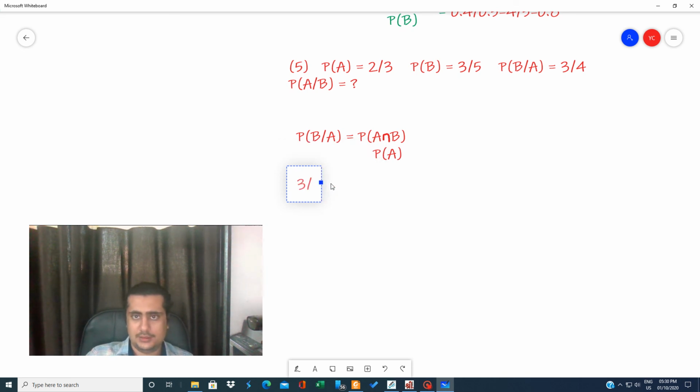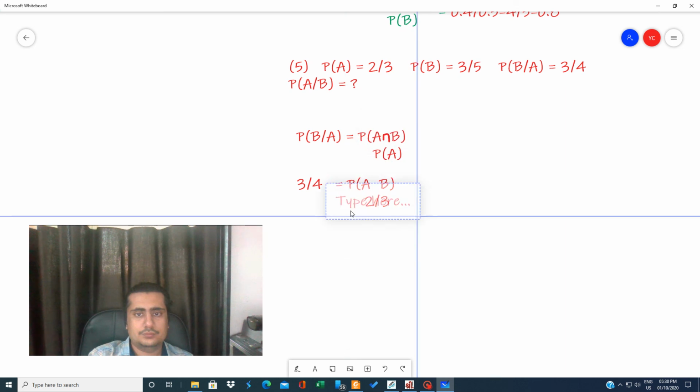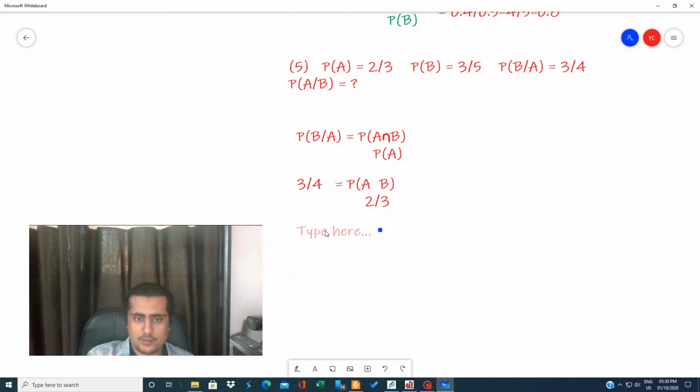This 3 by 4 is equal to P of A intersection B upon P of A. Now see, 3 by 4 times 2 by 3.